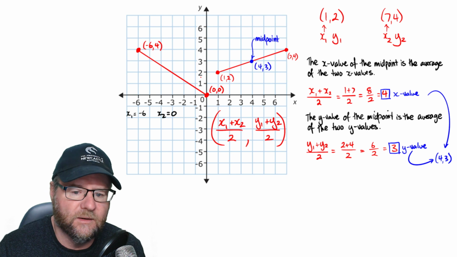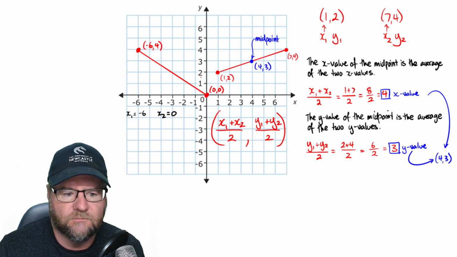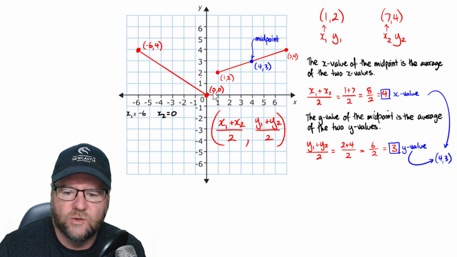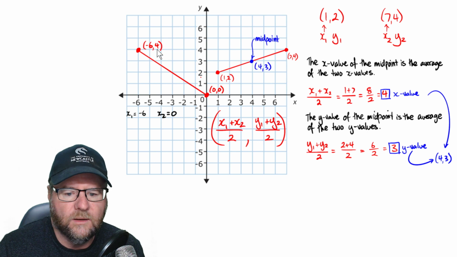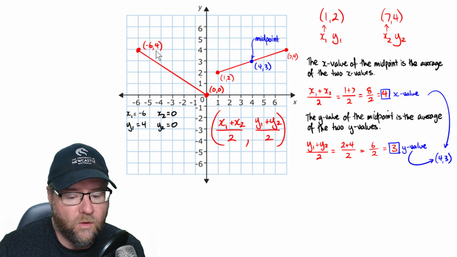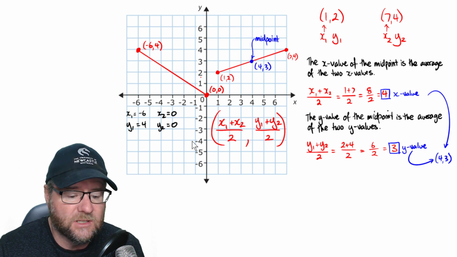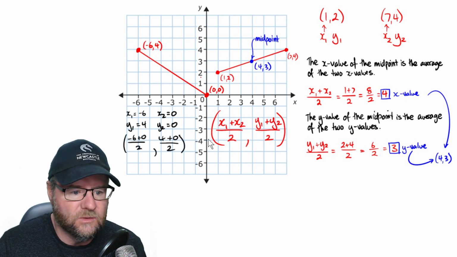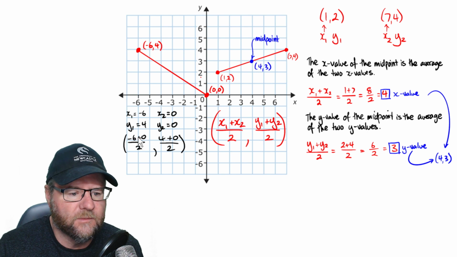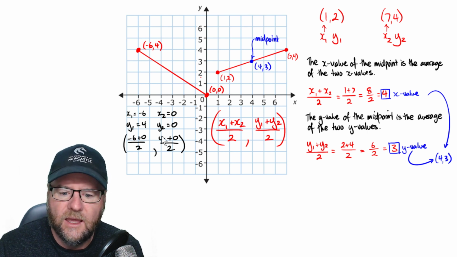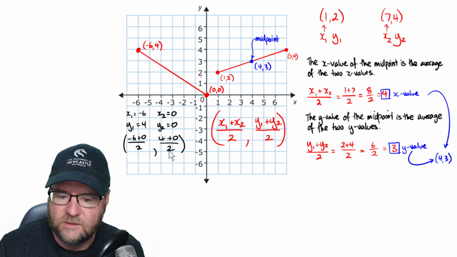I've got X1 is negative 6, and my X2 is 0. My Y1 will be 4, and my Y2 will be this 0 here. I'm just going to take those numbers and put them into that format: X1 plus X2 divided by 2, and Y1 plus Y2 divided by 2.